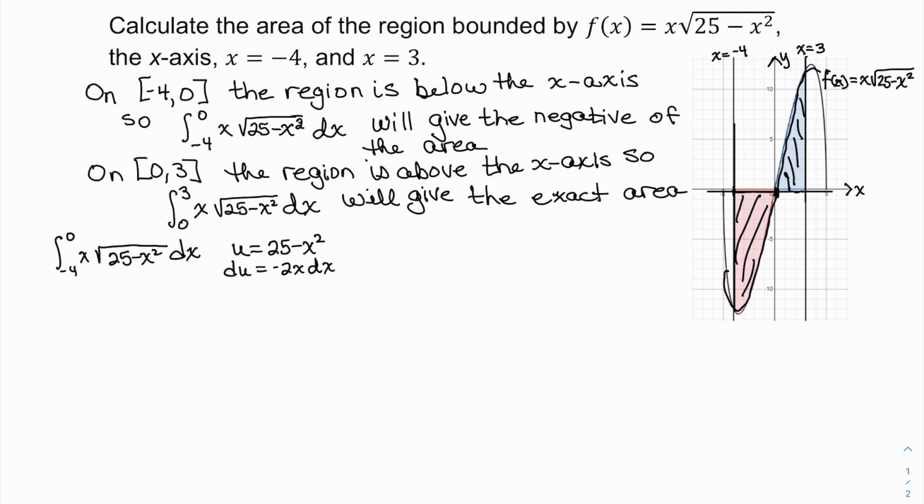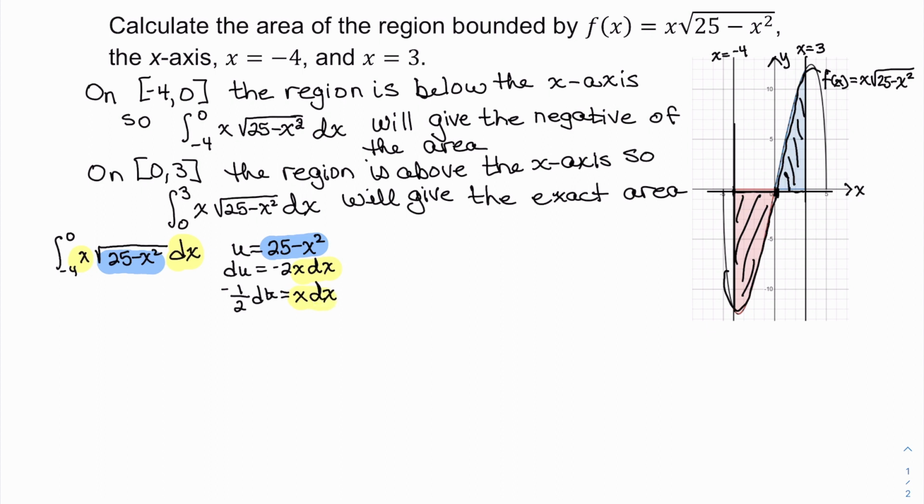Now notice here we have our expression 25 minus x squared is the u, and then the x and the dx are part of our differential. However, that factor of -2 isn't in the integrand. So since it's a constant factor, I can divide that over to the other side and have -1/2 du be the replacement for that x dx expression as we go.